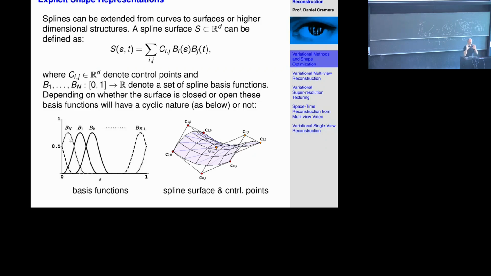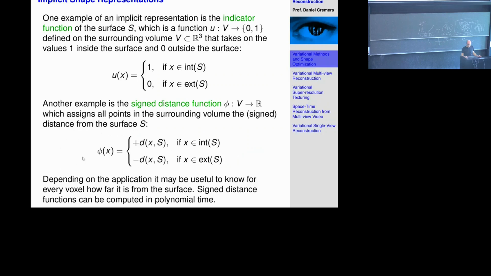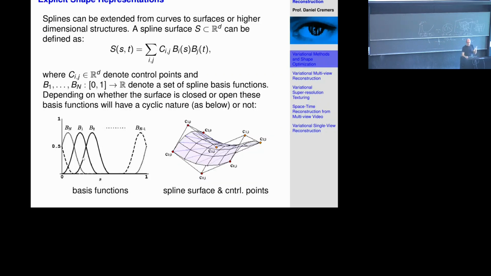And that way you basically close the circle, you identify 0 and 1, and that's how you get closed surfaces, just by looping the basis functions around. Now that's an explicit representation, spline curves, spline surfaces in R3, and that can be done in any dimension, right? I can have splines in arbitrary dimensions, doesn't matter.